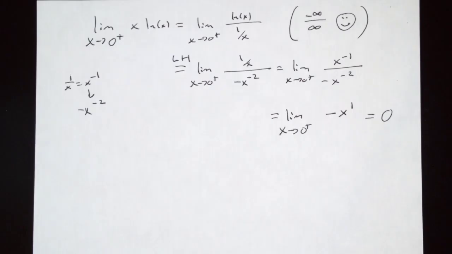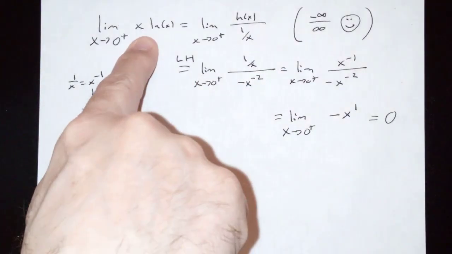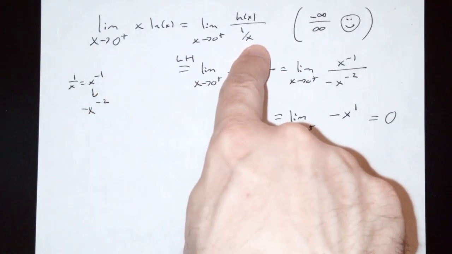In this case, the 0, 1. I can only do L'Hopital's rule on division. So if I have something that isn't division, I need to do some algebra to make it division. In this case, this was the appropriate algebra to change a product to dividing by the reciprocal.